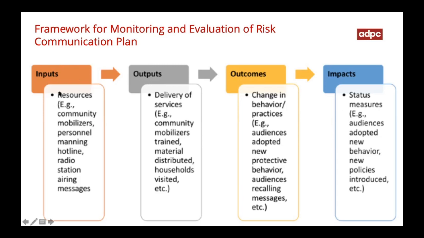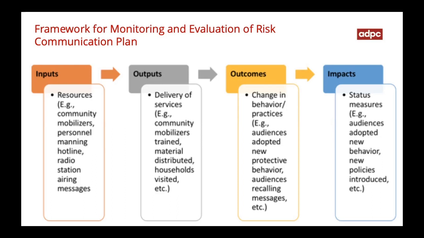Inputs are resources, meaning if you don't have these, you will not be able to deliver your outputs. Outputs are things you are responsible for delivering. This is directly under your control, meaning this is your commitment that you need to deliver.